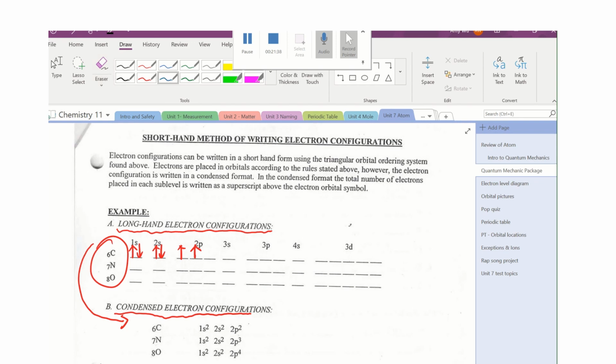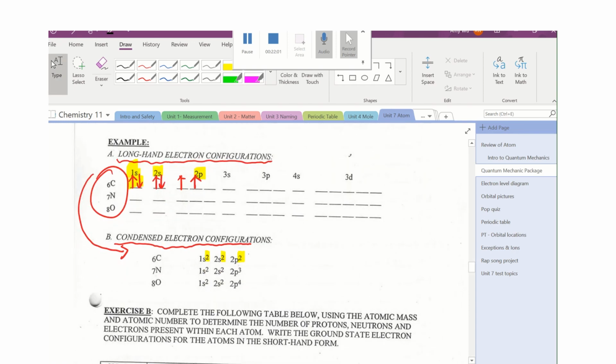So for example, for 1s there are 2 electrons. The 2 here is not a square, it's a superscript. We call it 1s2. And here we have 2 in the 2s orbital, so this is 2s2. For the p orbitals, there are 2 electrons here, so 2p2. Okay, so that's how we can shorten it, instead of drawing arrows.